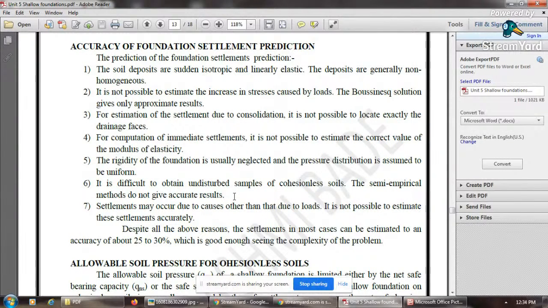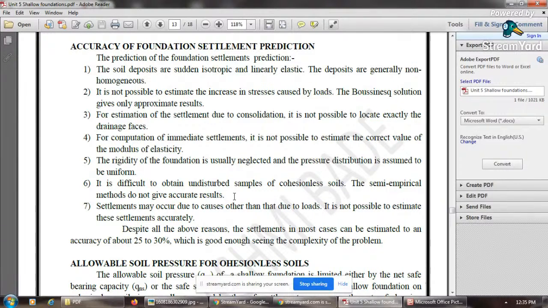At first it is not isotropic, but whenever you are doing any structural member construction, then it will become isotropic and linearly elastic. First it will follow a straight line, then if you remove the load, it will come back to its original position. So you can say that it is having a linear elastic mode. And then the soil is assumed homogeneous, whereas non-cohesive soils are non-homogeneous, their bonding is not so good.